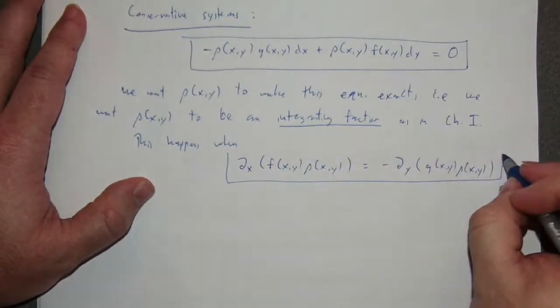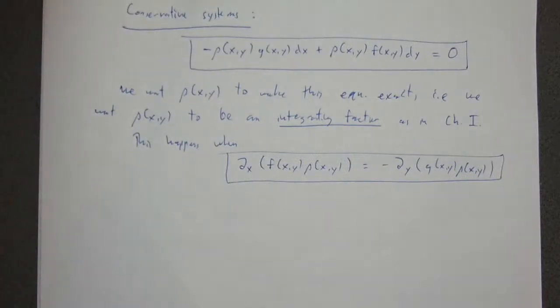And we would expand this using product rules here. Okay, for these partial derivatives, right? So typically, to make our life easier at this step, if we were actually doing it, we would make the assumption that rho only depended on one variable. The variable we chose for it to depend on would depend on which thing would make my equation less complicated, basically.